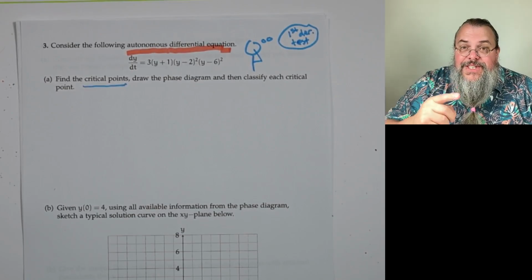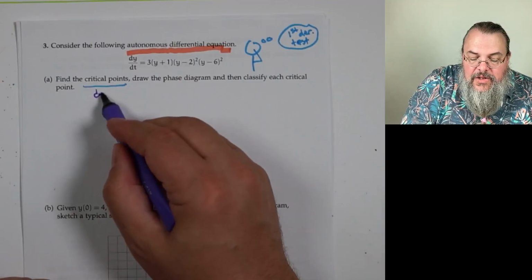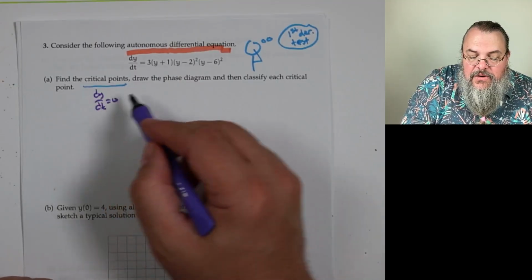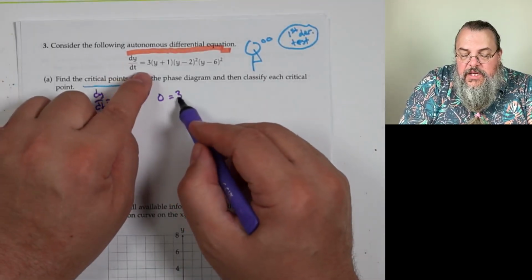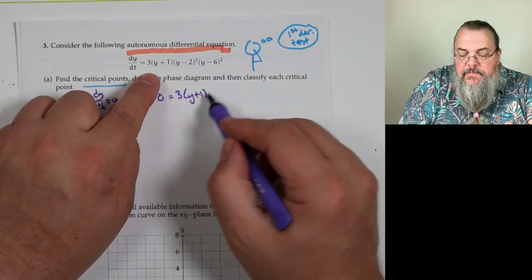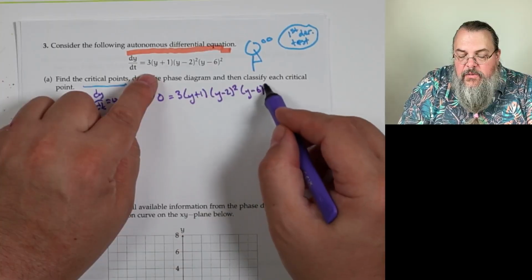So you're like, exactamundo. So that says we need to set dy/dt to 0, or we have that 0 = 3(y + 1)(y - 2)^2(y - 6)^2.